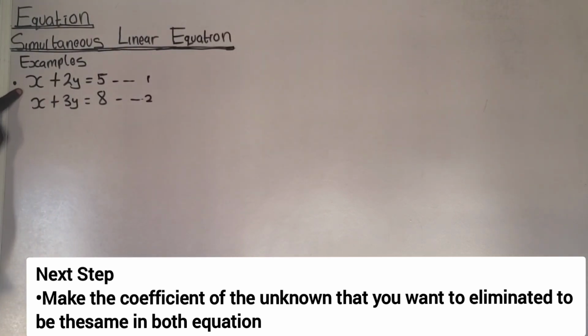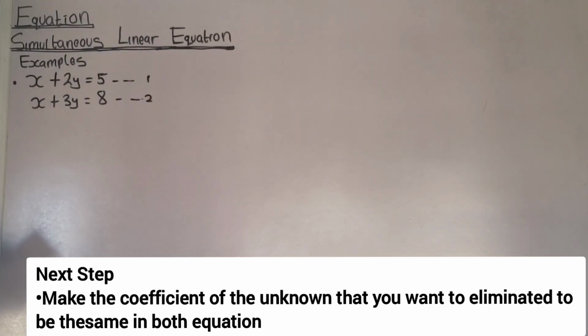The coefficient of x in equation 1 is 1. The coefficient of x in equation 2 is 1. So I'm done with that. You can be given equations in which the coefficient of the unknown you want to eliminate is already the same, and this is an example of that case. Since I want to eliminate x, the coefficients are already the same, so there is no need.